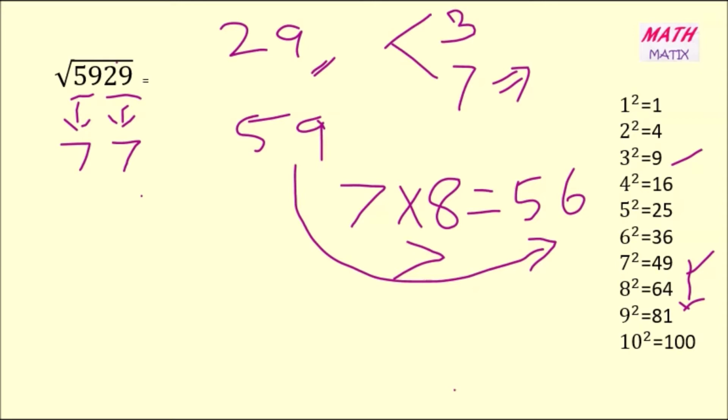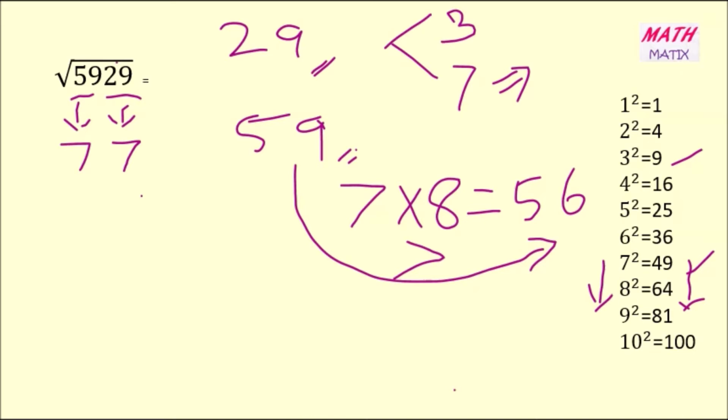Let me repeat the steps. First step, for the first pair, we have to find the ending number, that is 9. We have to see which numbers are ending with the same 9. So that is 3 and 7. I wrote it aside. And then taking the second pair 59, see between which two numbers it is falling. It is falling between 7 square and 8 square. So I wrote 7 and then multiply it by 8.